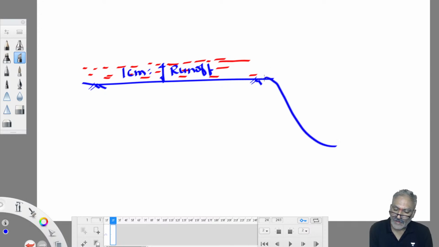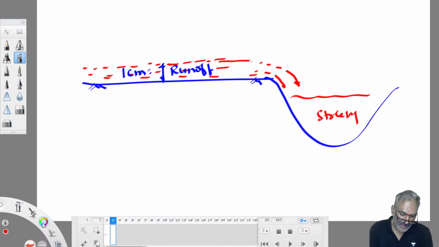If this runoff is delivered into the stream, how exactly does the stream flow vary? It is ultimately delivered into the stream. If you plot that variation at a point in the stream, then the hydrograph that we obtain is called the unit hydrograph.